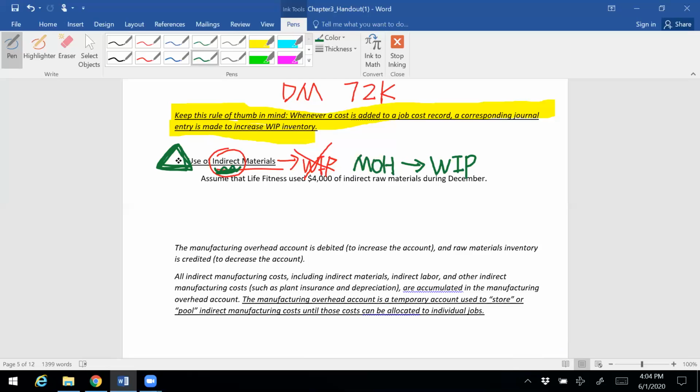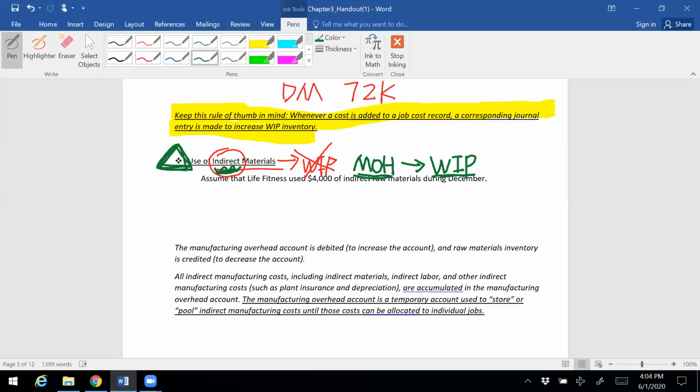So you first increase your manufacturing overhead, and then at the end of the job, you allocate your manufacturing overhead to work in process. So you will know, oh, this portion goes to this job. I stop here. It's very important.